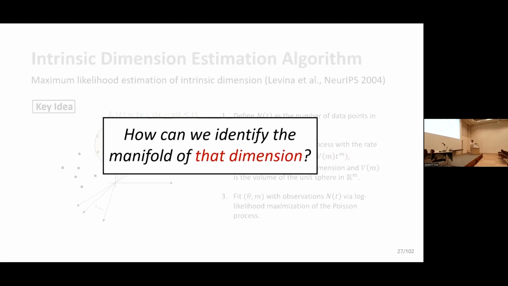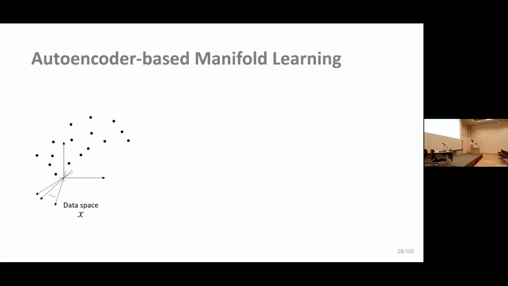All right, so we now approximately know the dimension of the manifold. So how can we identify the manifold of this dimension? Let me introduce the autoencoder, a generalization of PCA, as a method to learn a nonlinear manifold.